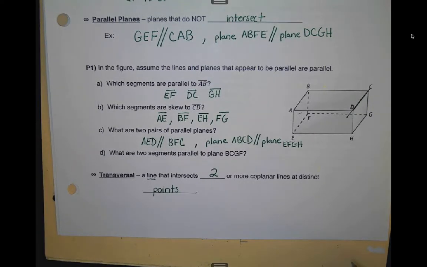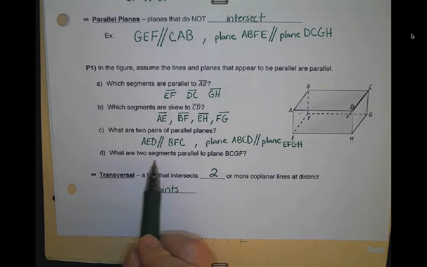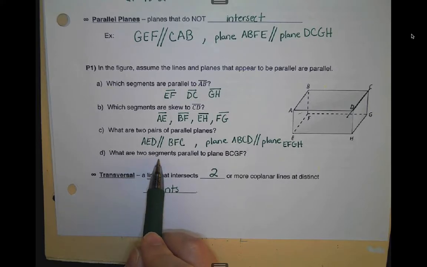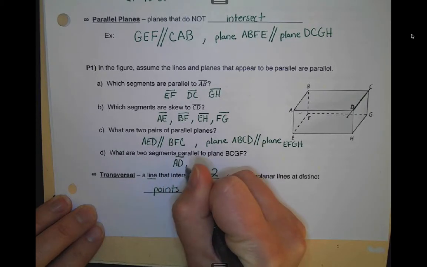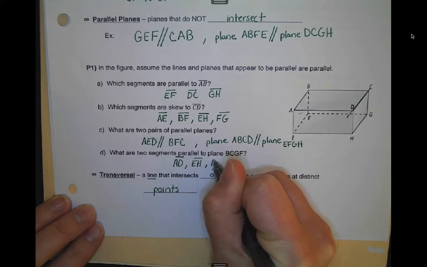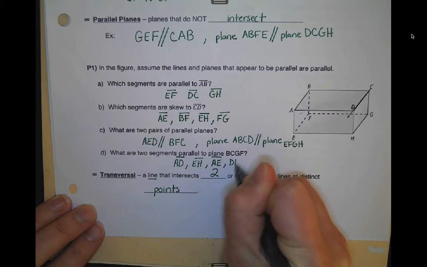What are two segments parallel to plane BCGF? So even though I'm referring to a plane, there can be segments that are parallel to the plane, which are not going to intersect the plane. So those segments are segment AD, segment EH, segment AE, and segment DH.